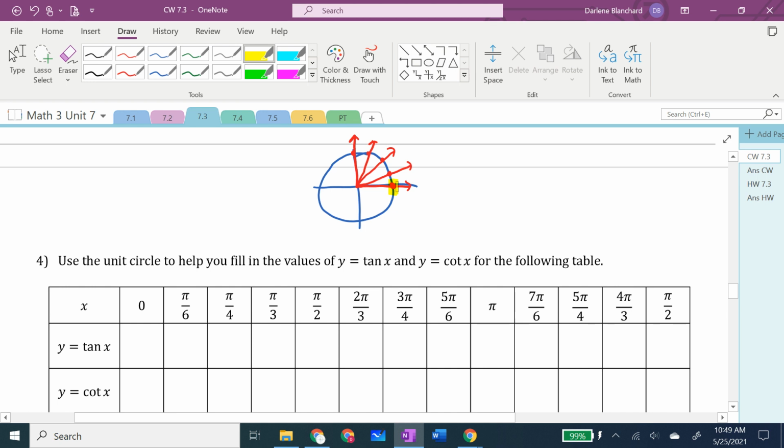For 0, I have my y-coordinate divided by my x-coordinate, or you could say slope, and I'm getting 0 for my tangent. Every time I know a tangent value, cotangent is its reciprocal, and the reciprocal of 0 is undefined.